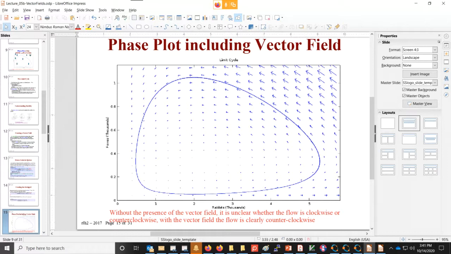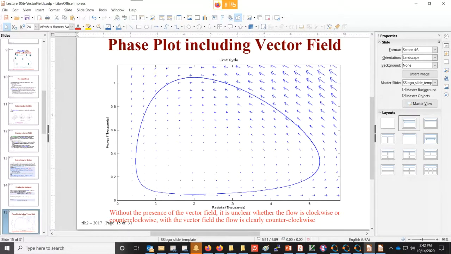By the size of the arrows, it's showing you that it's a big heavy flow, or maybe the flow is slowing down. The smaller arrows, especially down here in the lower left corner, mean it's not moving very fast, because the population of both the rabbits and the foxes is really small, and so the change is very slow.